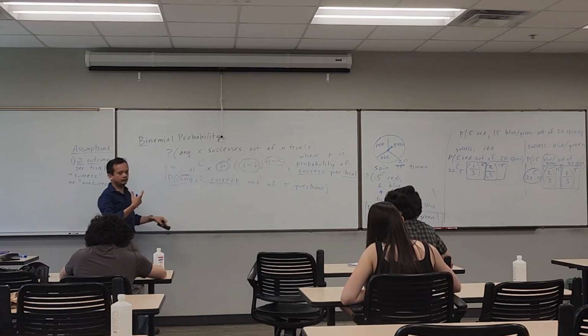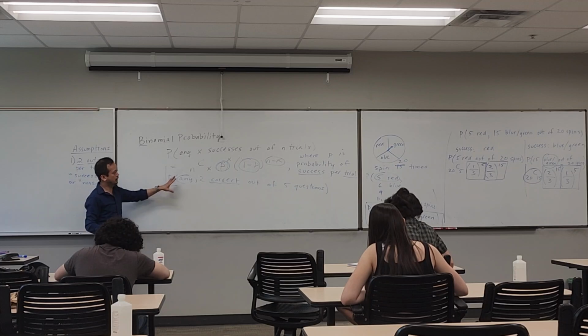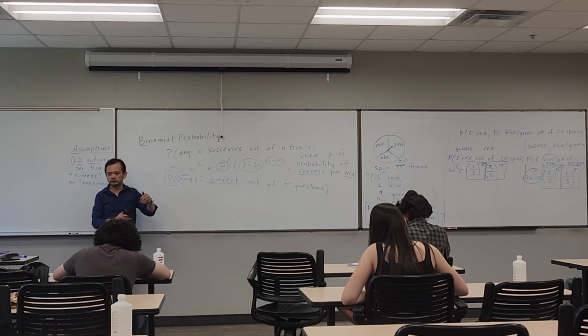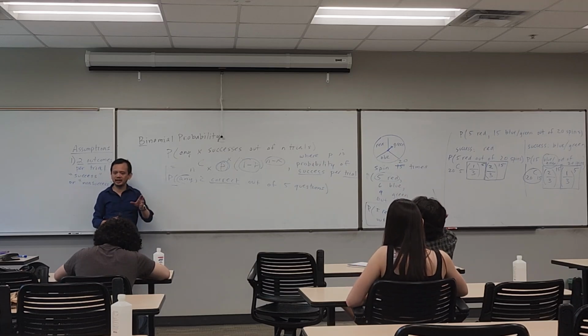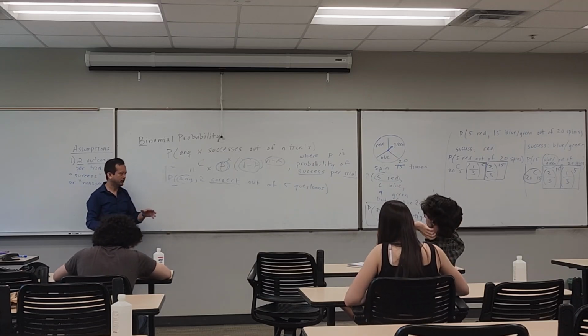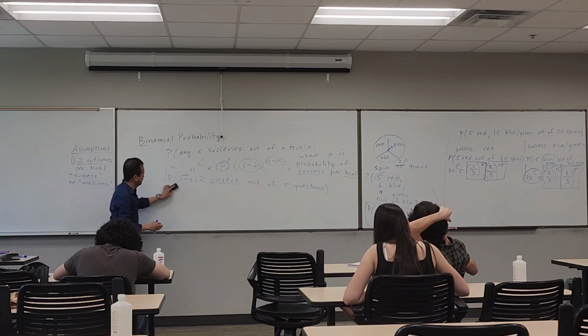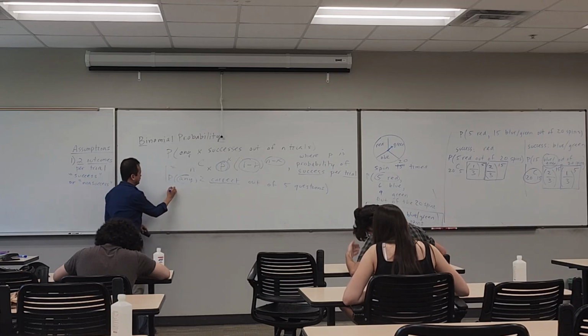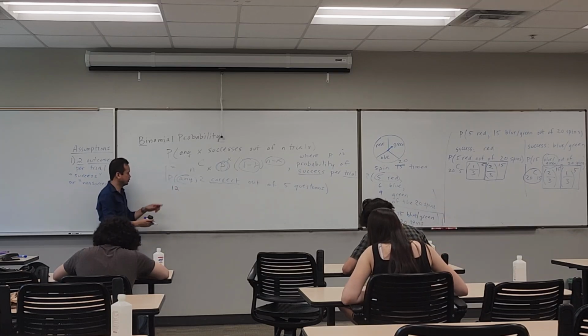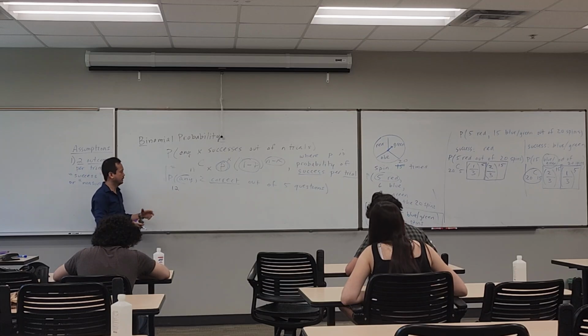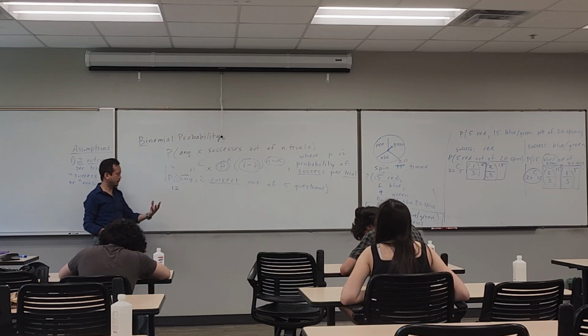You remember when we talked about the first example of this yesterday, with 5-question multiple choice tests and writing out all the possibilities of getting any 2 correct out of 5. When we wrote those out, we said, for example, getting the first and second questions correct was one way you could get 2 questions correct out of 5. Any numbers that we didn't list implied that we got those questions wrong.